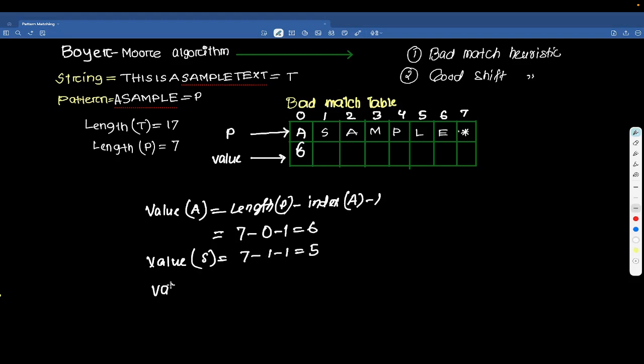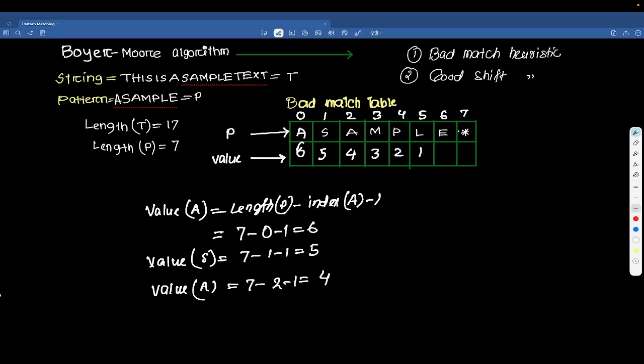This way, A appears here a second time, so the value of A is 7 minus 2 minus 1, which equals 4. At this point, we have S equals 5, A equals 4. That way, if we compute the values for M, P, and L, they will be 3, 2, and 1.